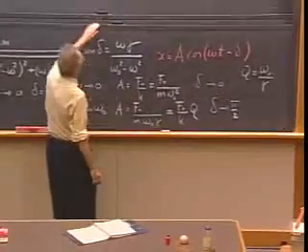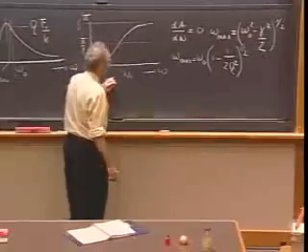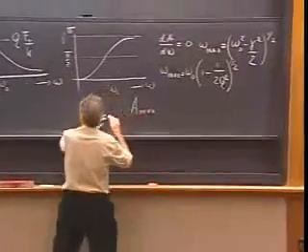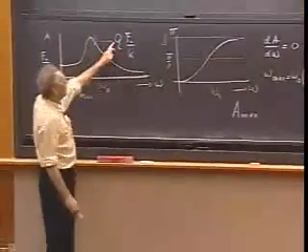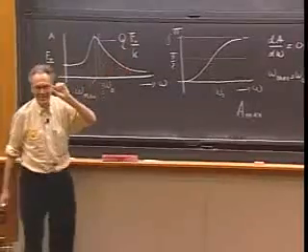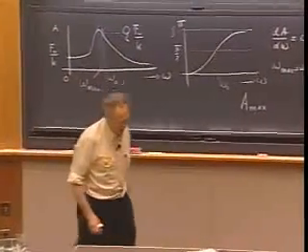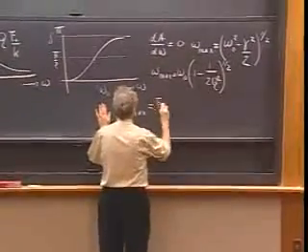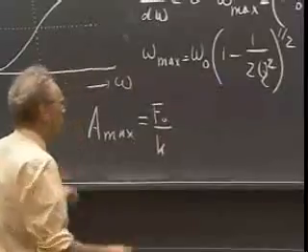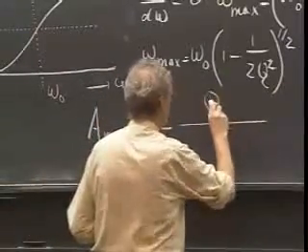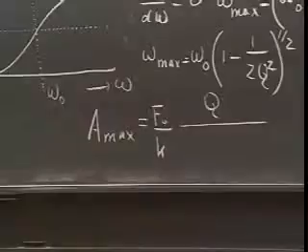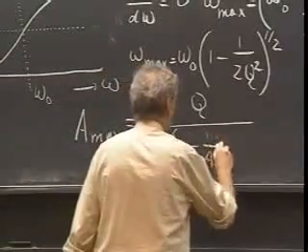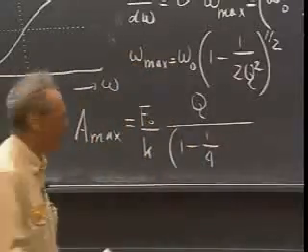If you want to know what the maximum amplitude itself is, so what A max is, it must be very close to Q times F0 over K, but it's a little higher, then you can write that in the following form, and that's just a matter of algebraic manipulation. And you get a Q here, which you expect, and then downstairs you get something like this, 1 minus 1 over 4, and then you get a Q squared to the power 1/2.